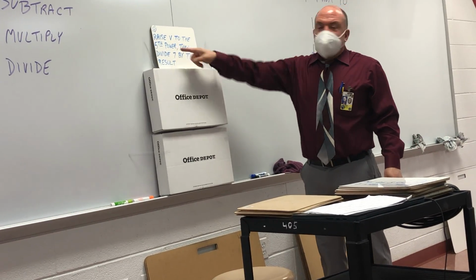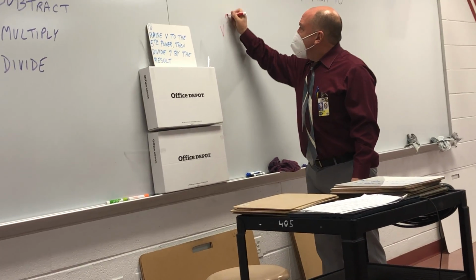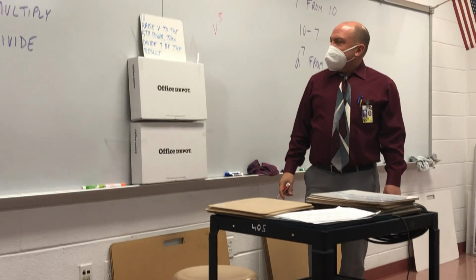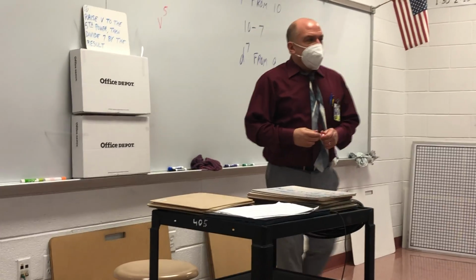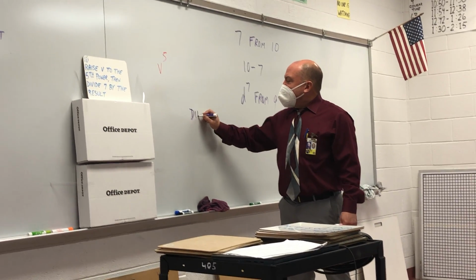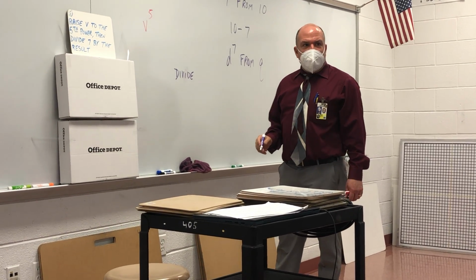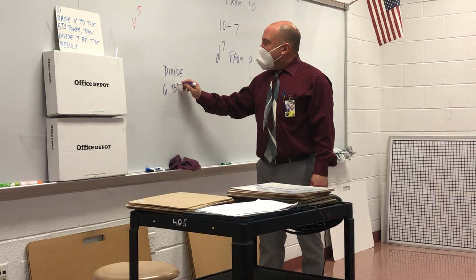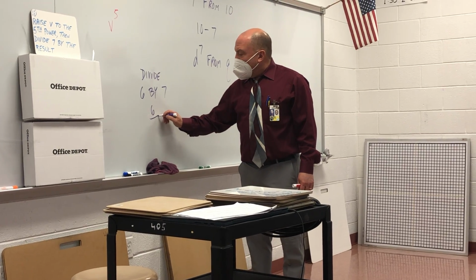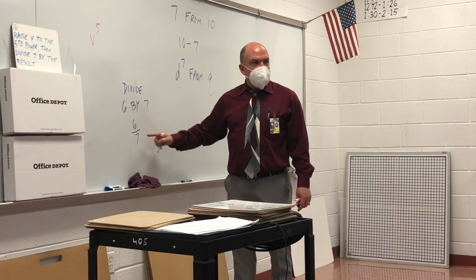Amir, raise v to the 5th power. How do I write that? V, then 5. Divide 7 by the result. Hold on a second. If I said divide 6 by 7, would you agree that that's 6 over 7, right?